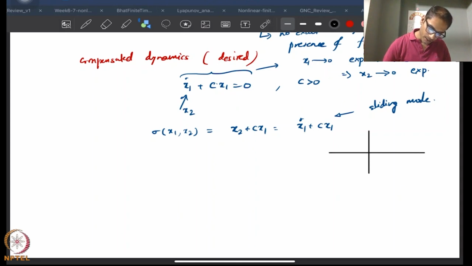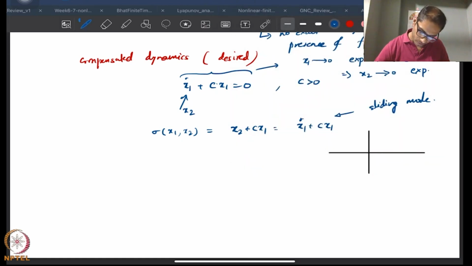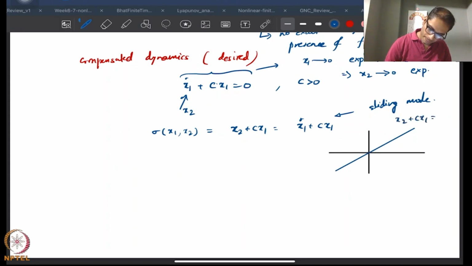So x2 plus cx1 equal to 0 would be something like this. Yeah, it's a straight line passing through 0. So this is the sliding surface.